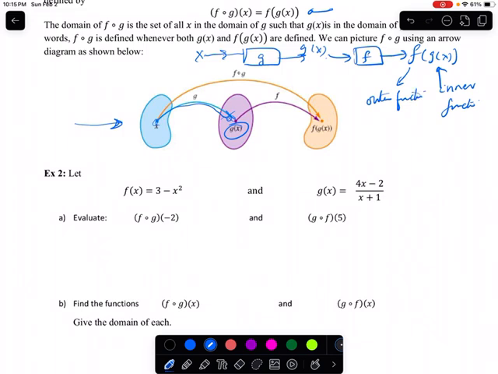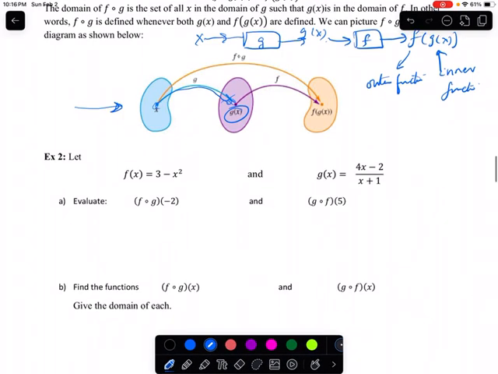We find the function f of g of x, and then we look at the domain of g of x and see if there is anything extra which is not fitting in the composition of functions that we have found. If there is something extra, we have to exclude it. Let's look at an example.